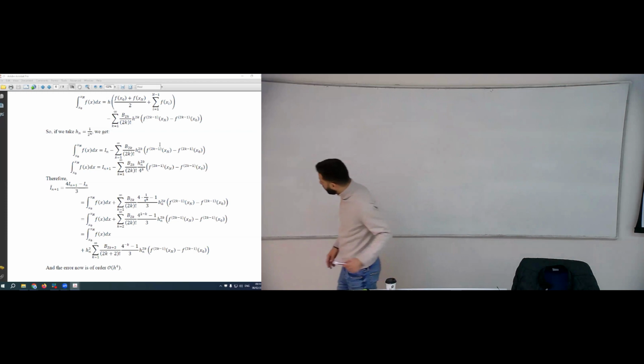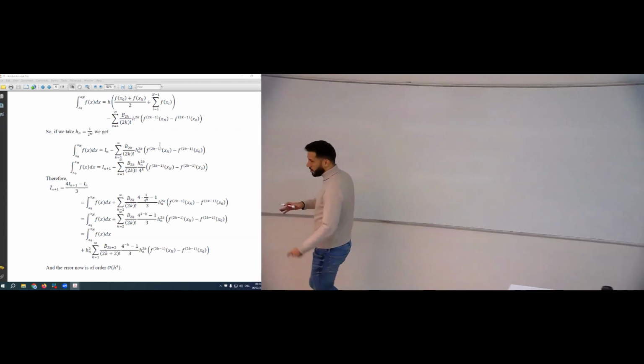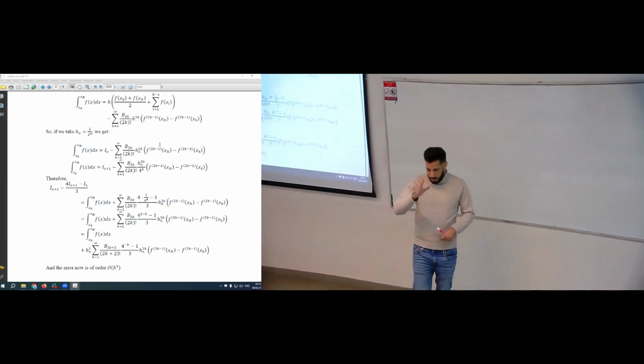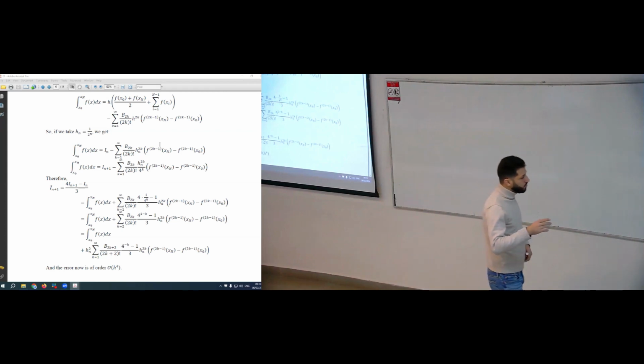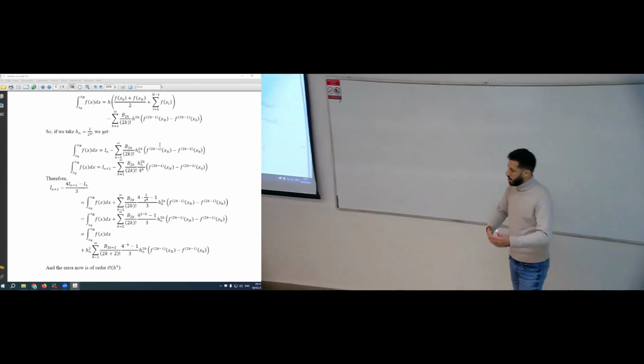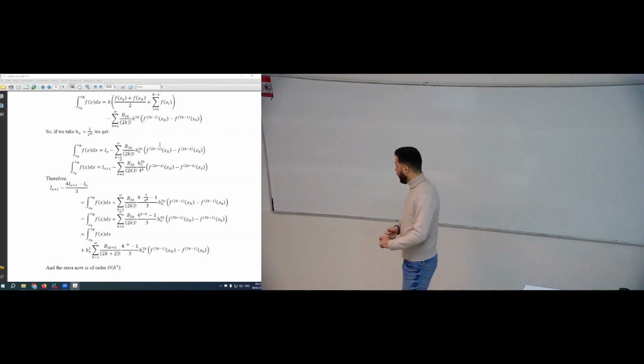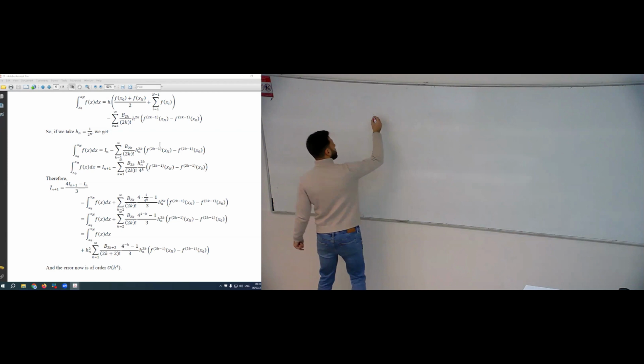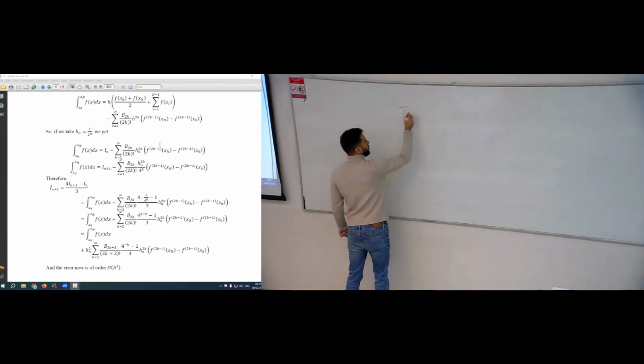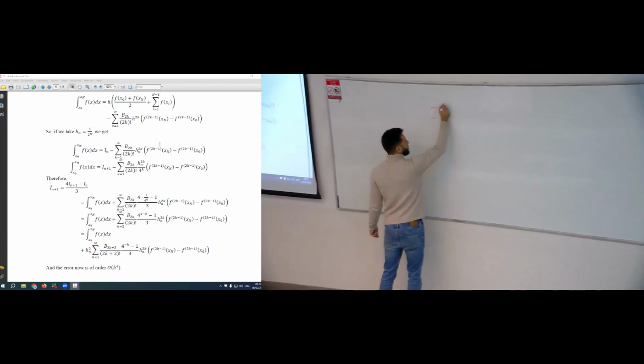Okay, so now because I can do this iterative way of updating the value, I will call the recursive method 0.